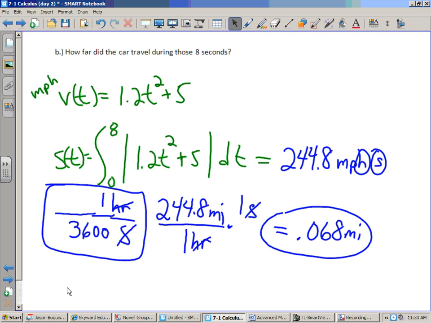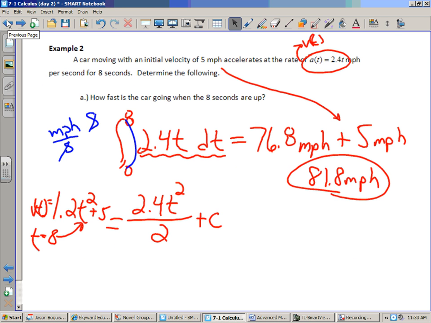Because we went from 0 to 8 seconds again. Because we did seconds right here. The first one, because this one right here is miles per hour per second. That's what acceleration is always. It's always measured in 2 time frames. Normally we try and keep the time frames the same though, but this one I did not.